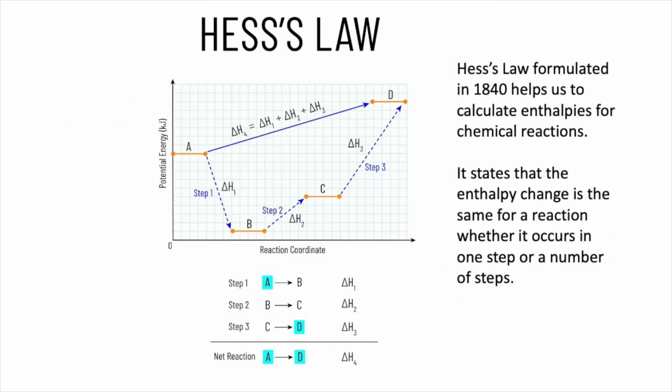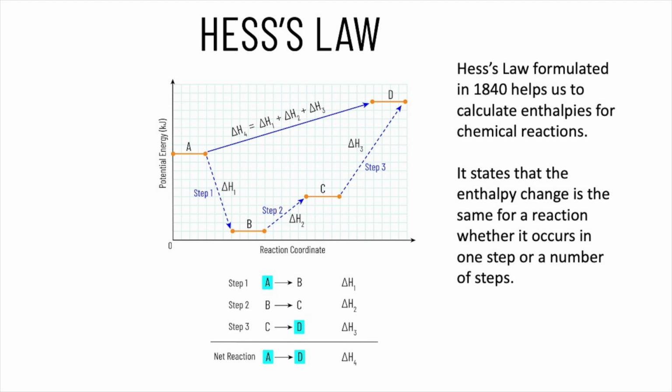Now at A-level, one of the most important concepts you would have covered in energetics was Hess's Law. Now Hess's Law, which was formulated in 1840, helps us to calculate enthalpies for chemical reactions. And it states that the enthalpy change is the same for a reaction whether it occurs in 1 step or a number of steps.